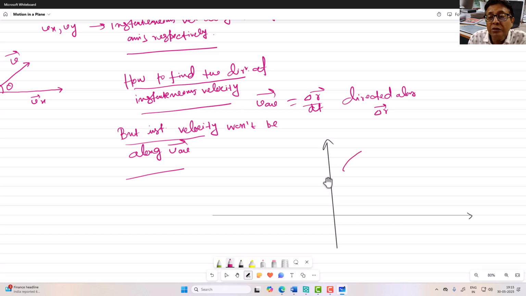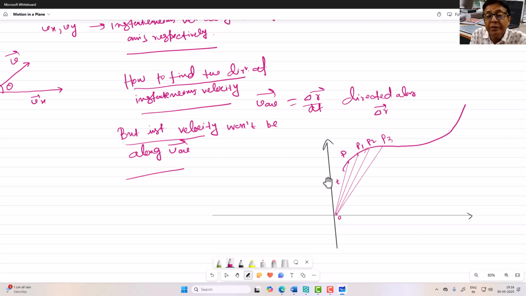The particle is going on this path. At any time t, the particle is at P. After time delta t1 it is at P1, after time delta t2 it is at P2, and at P3 after time delta t3.